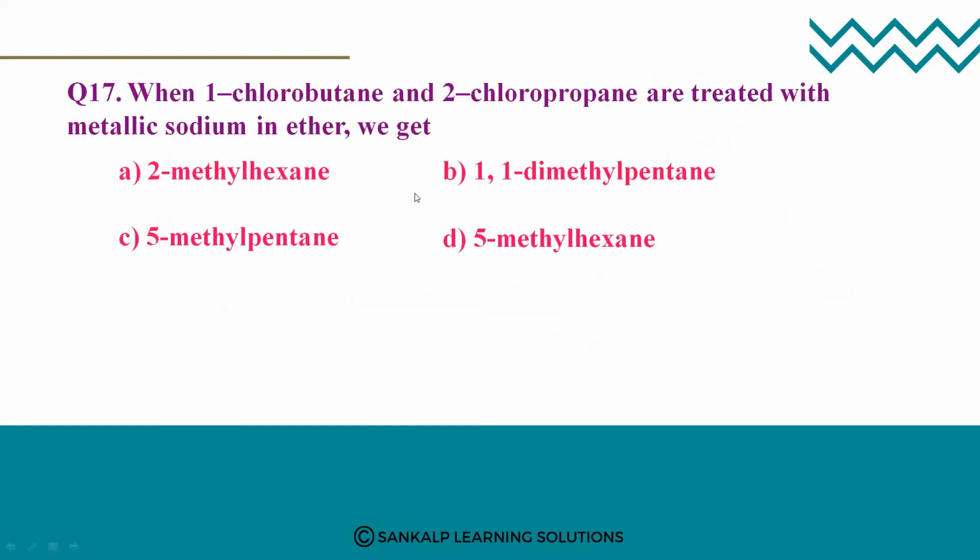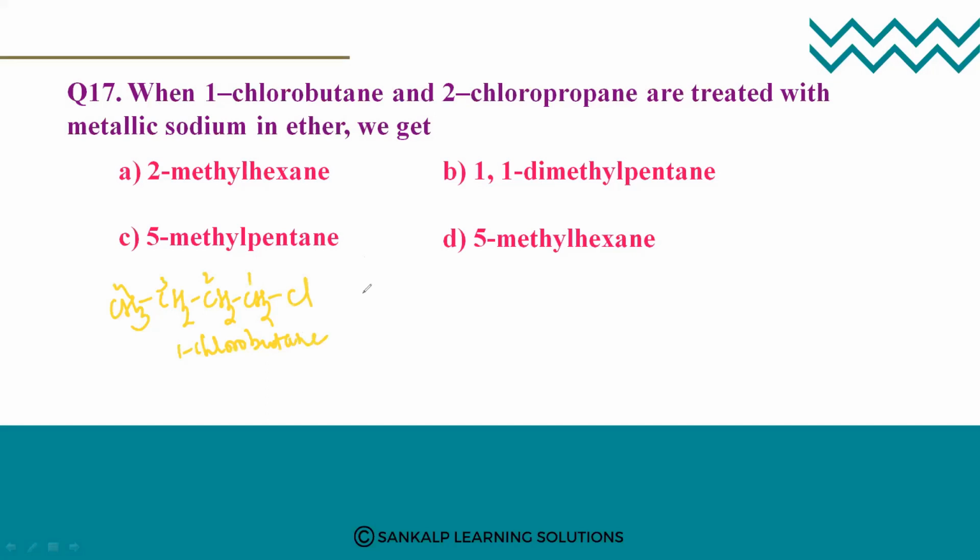When 1-chlorobutane and 2-chloropropane are treated with metallic sodium in ether, what do we get? I'll write the structure. Butane is CH3, CH2, CH2, CH2, numbered 1, 2, 3, 4, and at the first position there is chlorine, so this is 1-chlorobutane.